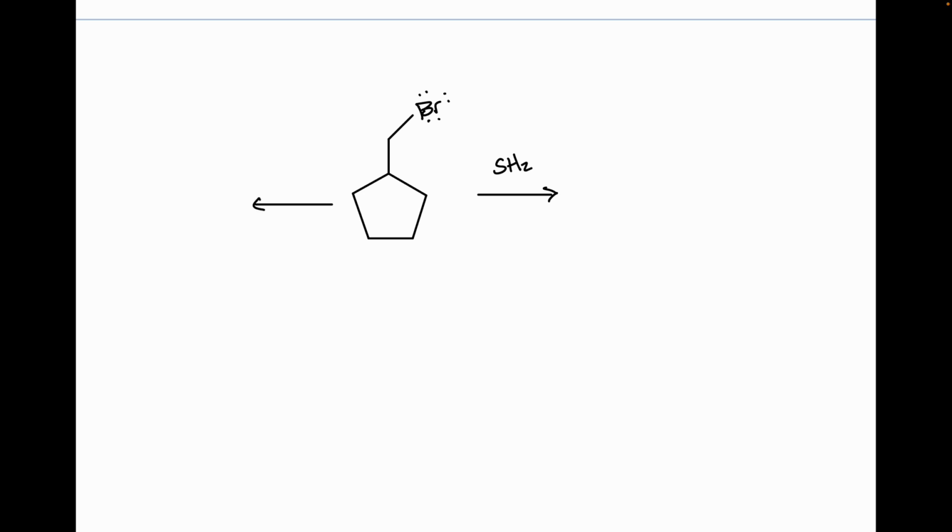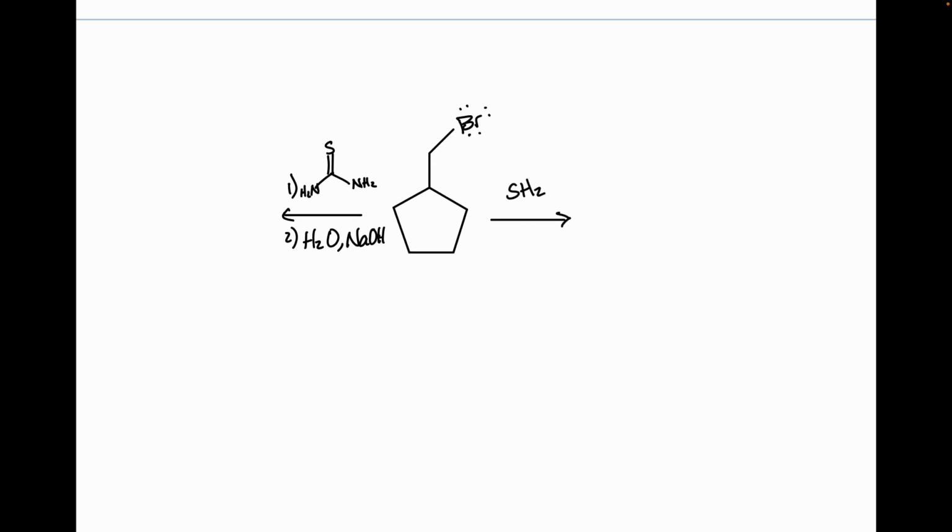And then we're going to treat it with that thiourea, followed by that wash step of water and NaOH. All right, and everybody take a second and give me the product of these two reactions.